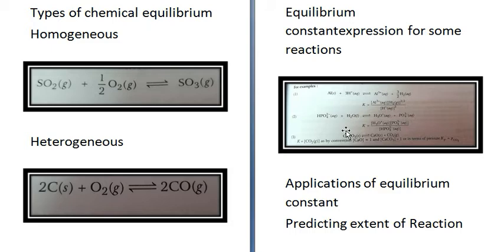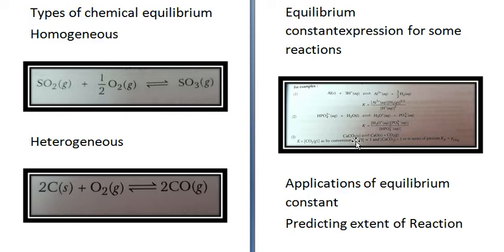Alright, next, suppose you take the reaction CaCO3 gives you CaO plus CO2. Now in this case, CaCO3 is solid, CaO is solid, and CO2 is a gas. So K will be equal to the concentration of CO2.